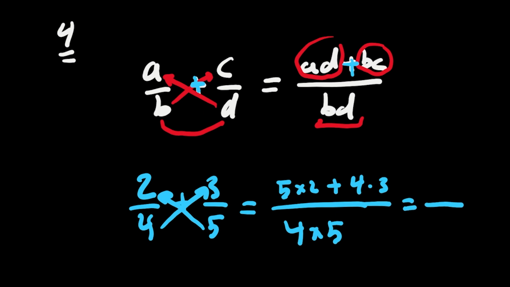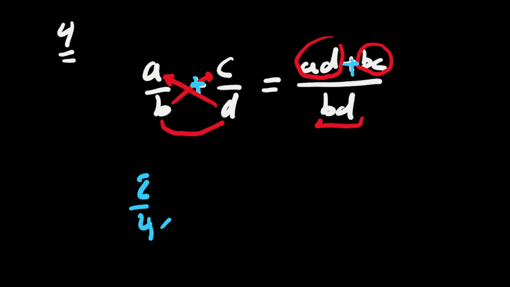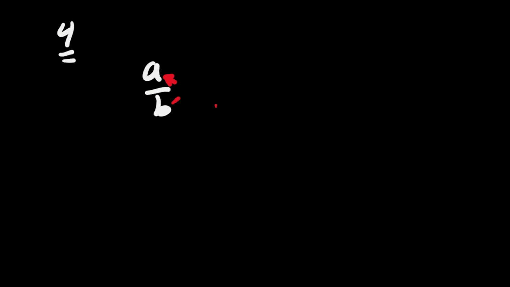So 4 multiplied by 5 is 20, 5 multiplied by 2 is 10, and 4 multiplied by 3 is 12. When we sum these two numbers, we get 22. This is the fourth property. Let's see the next one.